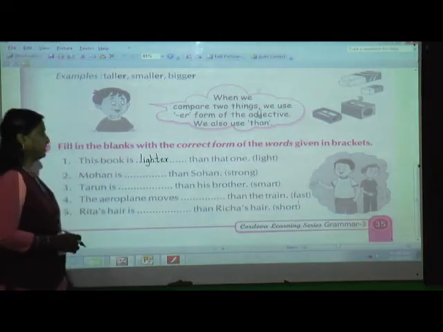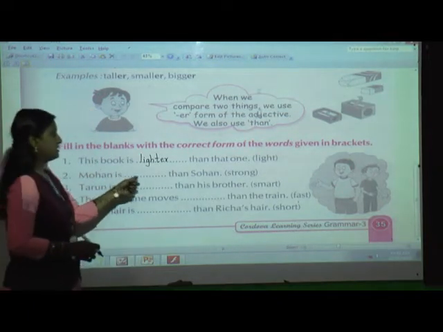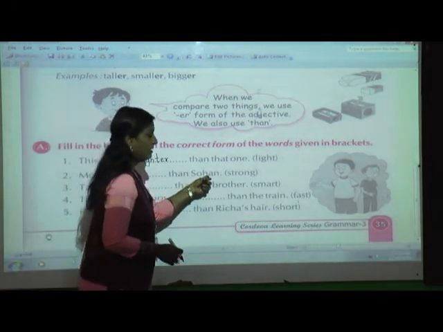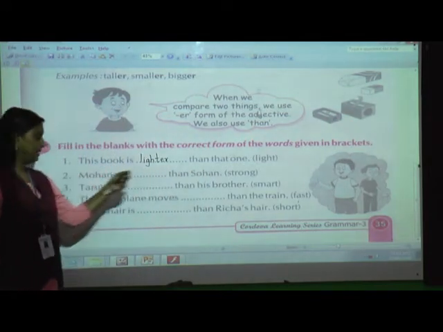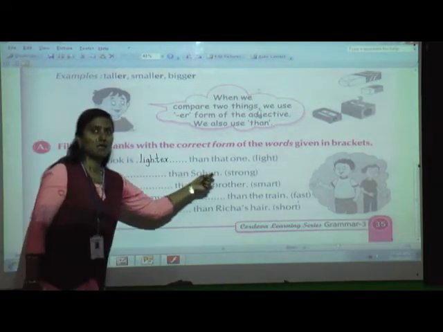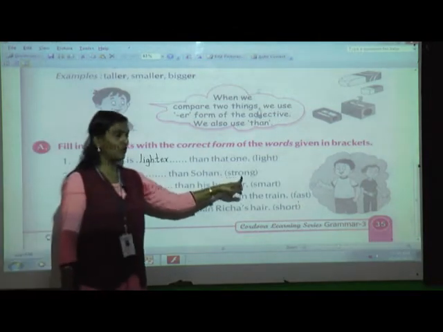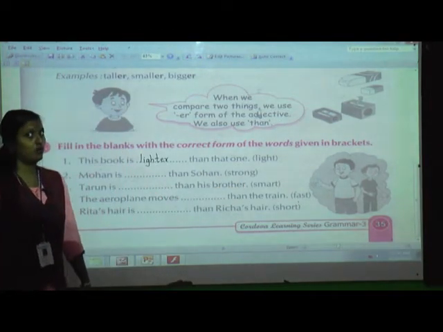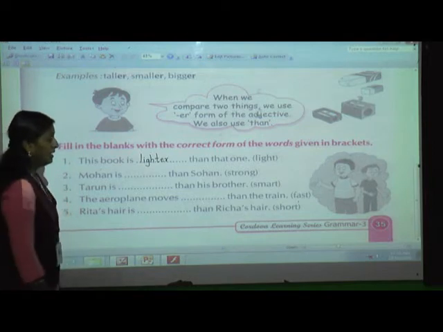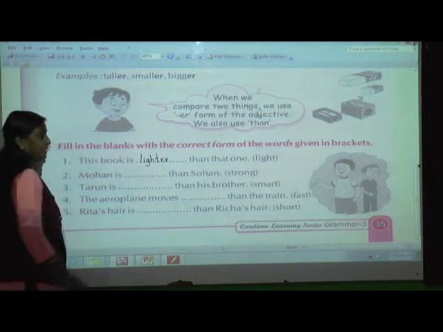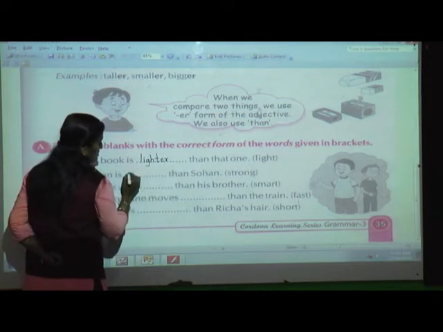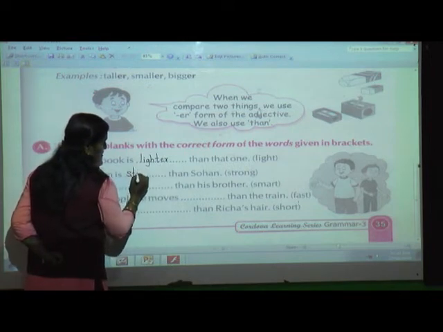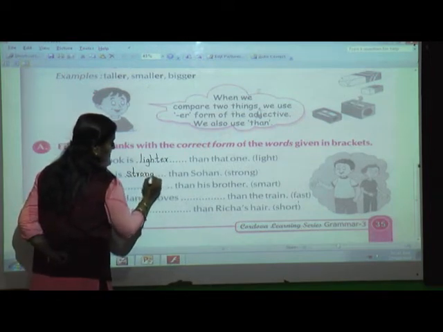Next, Mohan is dash than Sohan. Here only two persons are compared. And what is the adjective given over here? Strong. And when we are comparing two persons, which form are we going to add? Yes, er form of the adjective. So strong, stronger.